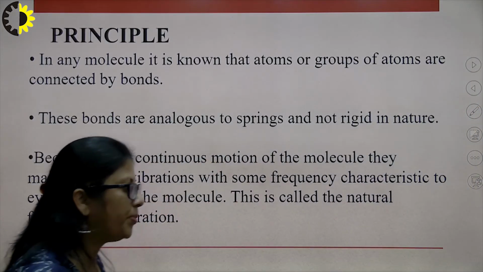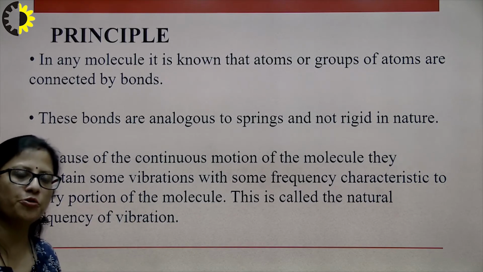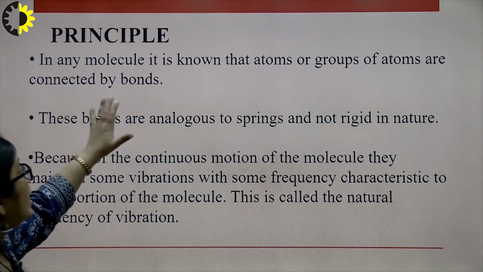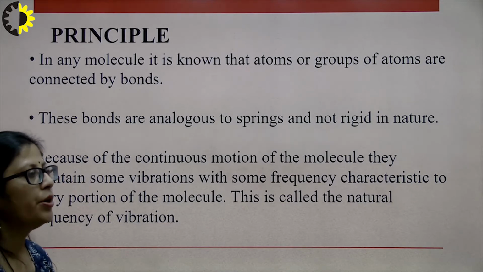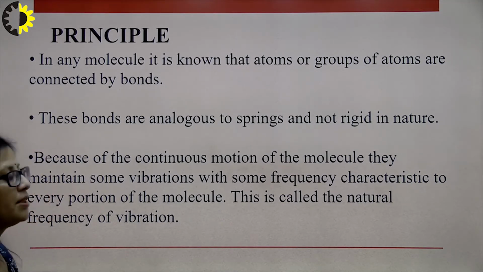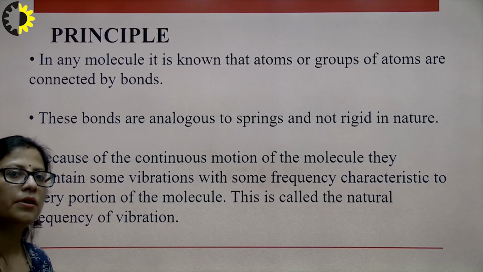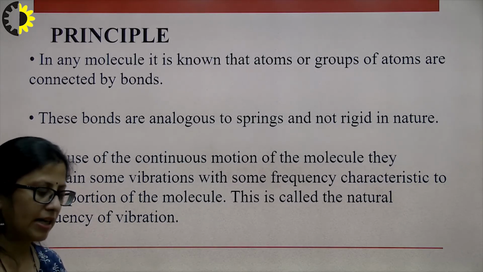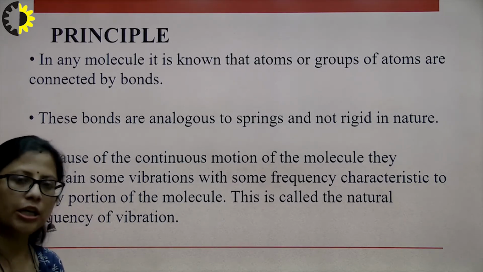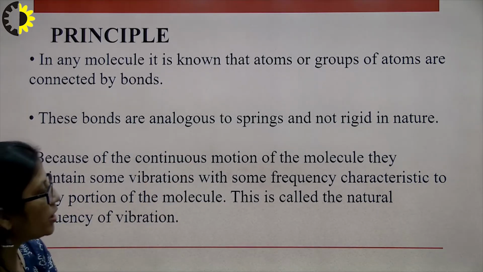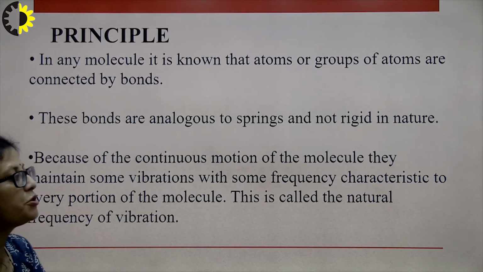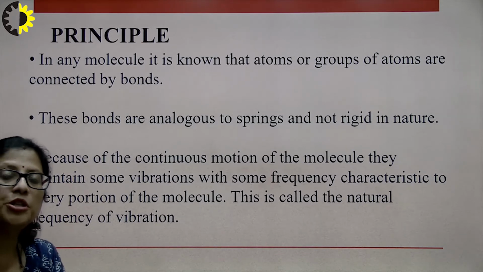Now, coming to the principle of IR spectroscopy. In any molecule, it is known that atoms or groups of atoms are connected by bonds. When atoms form a molecule, it is through the bonding. Now, these bonds are analogous to spring and they are not rigid in nature.